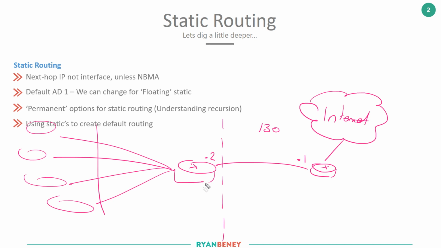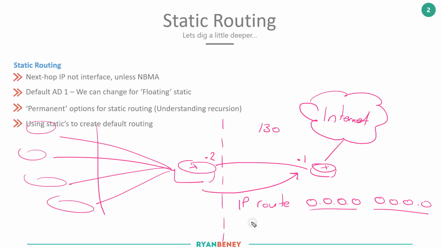What we want to do is create some sort of static route to capture everything and send it towards this next hop. And if we've only got one exit out of our network, then a static route may be a viable option. So in order to do that, we would simply do ip route from global config, but instead of specifying a remote IP, we do all zeros for the remote network and the remote subnet mask, and then the IP address of the next hop, which in this case, let's say, is on the 10.0.0.1 network.